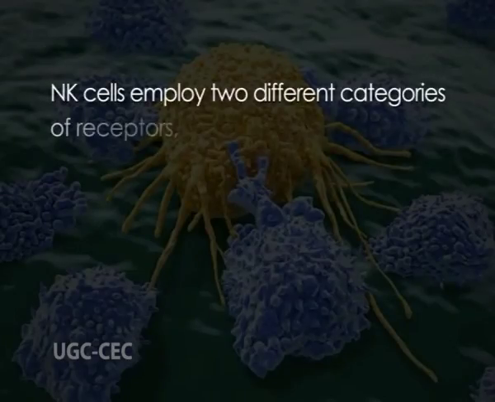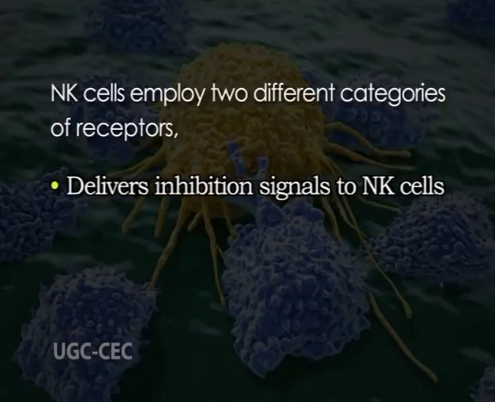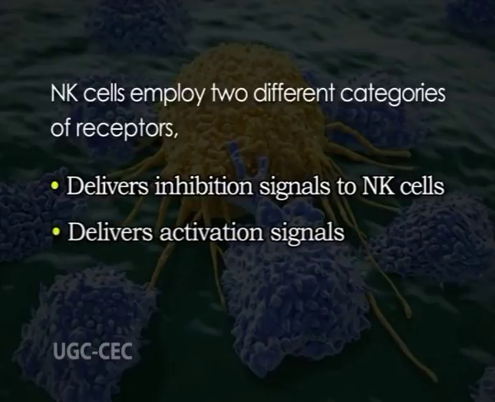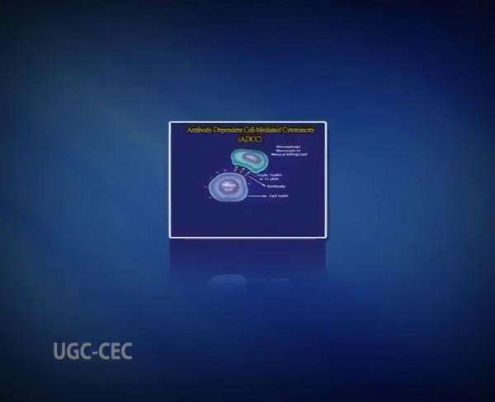NK cells employ two different categories of receptors, one that delivers inhibitory signals to NK cells and another that delivers activation signals. It is the balance between activating signals and inhibitory signals that is believed to enable NK cells to distinguish healthy cells from infected or cancerous ones.